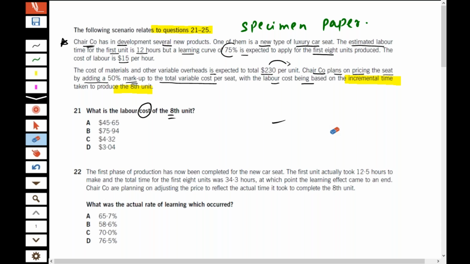B is log learning rate divided by log 2. What is the learning rate? That is 75%, which you should write as 0.75.